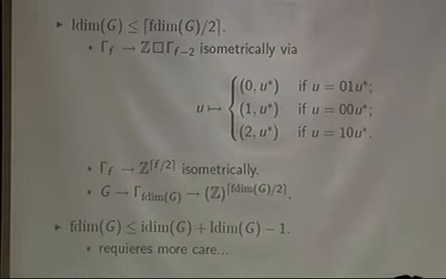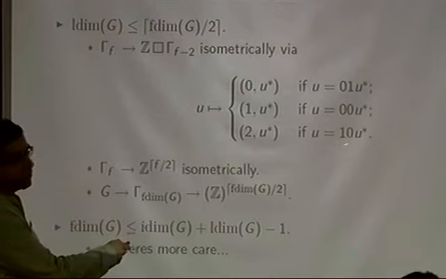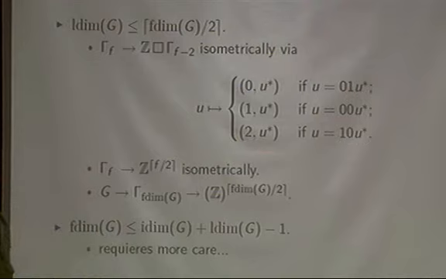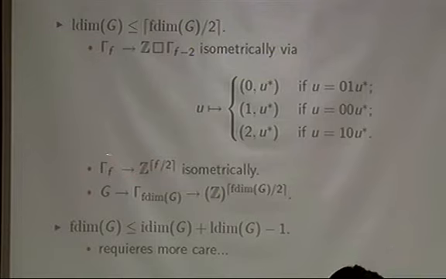isometric embedding. And now you just use induction. Of course, the distance between 0, 1 and 1, 0 is 2, so this is what you need here at 2. This is quite intuitive, I believe. So now you just use induction, and then you get an isometric embedding from the Fibonacci cube of dimension f into, roughly, f divided by 2.